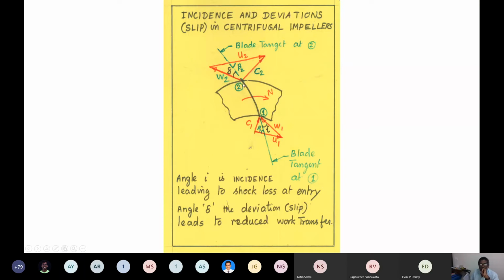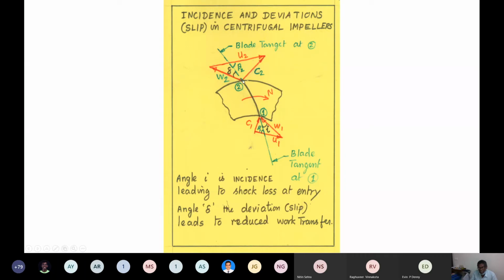That means from point 2, U2 has to be drawn at a distance of CF2, the flow velocity. I can take U2 in the forward direction, the whole vector, or in the backward direction, and complete the velocity triangle. Usually we take W2 in the direction of the blade tangent, and from there we take U2.